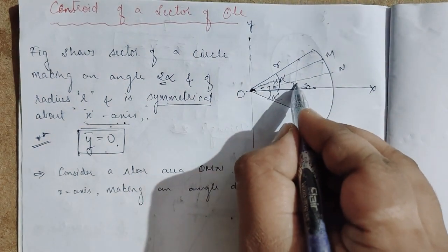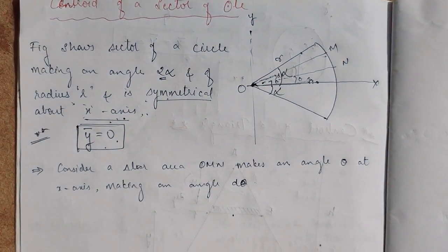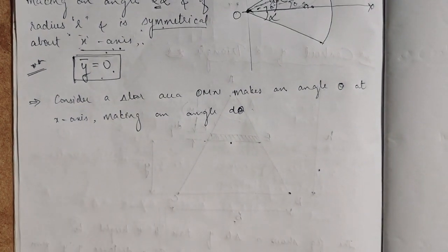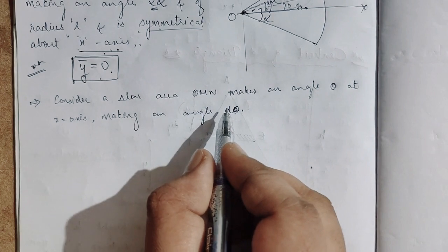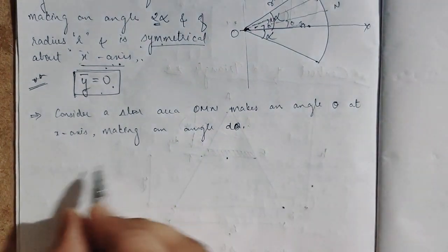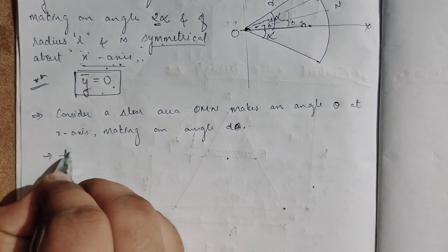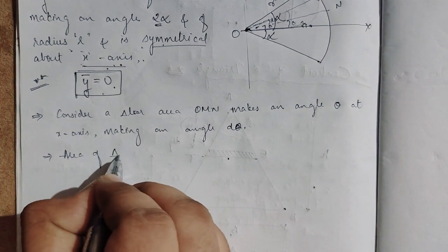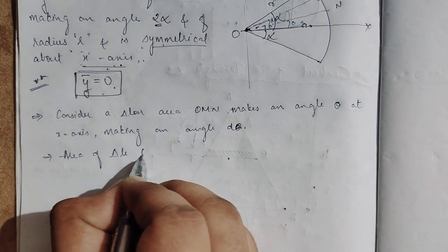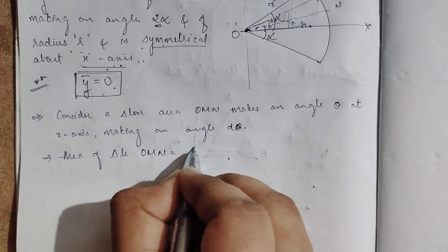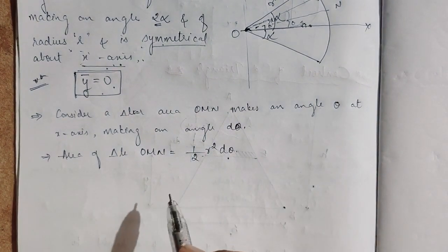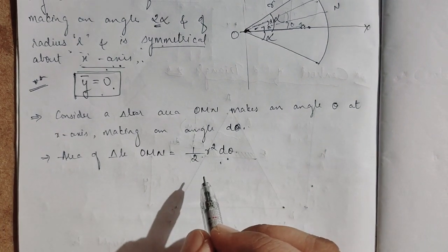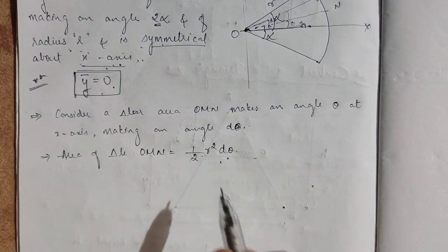Same as we did in the last two derivations. Because we have inserted an elemental area, we will take the area of triangle OMN, which is half into r square into d theta. You have to write it fully, I am taking it directly.